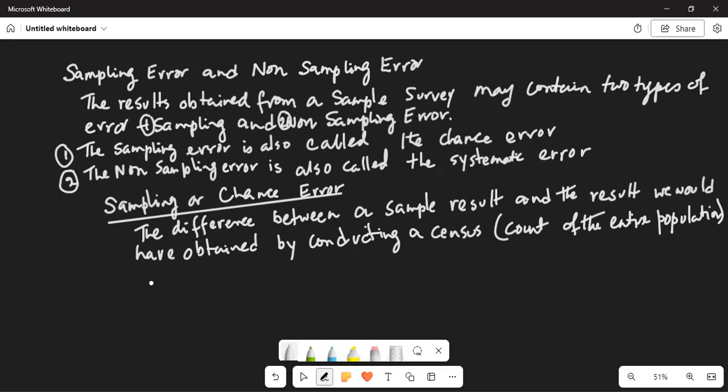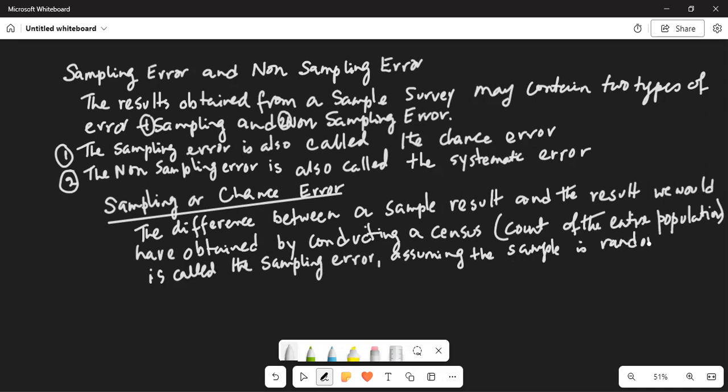It's called the sampling error, assuming the sample is random and no non-sampling error has been made.